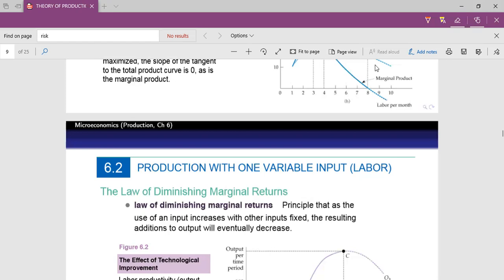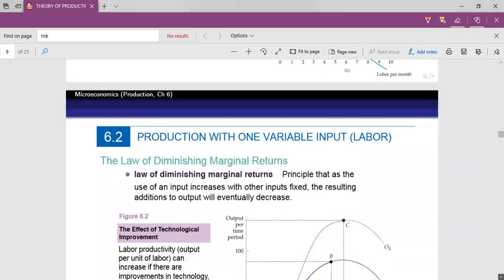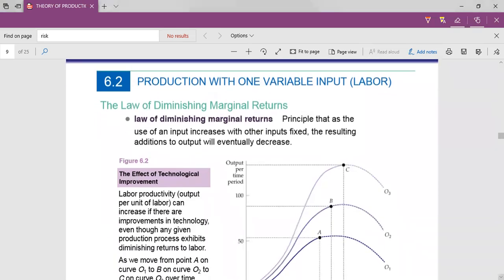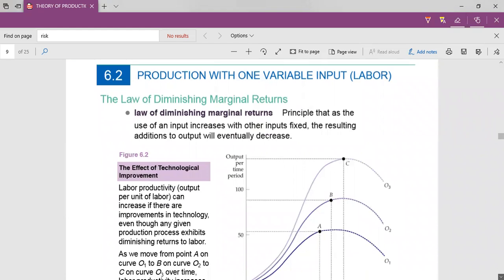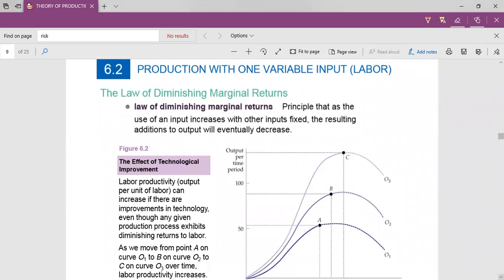Everyone was hiding in the house because of COVID-19. So that is technology practically, and the law of diminishing marginal returns, or diminishing marginal products, or the law of variable proportion, will not work where there is change in technology.